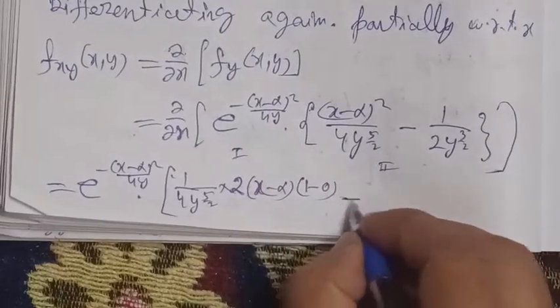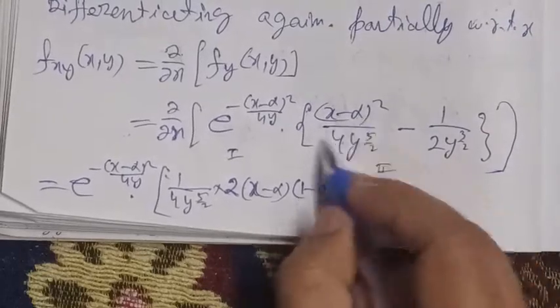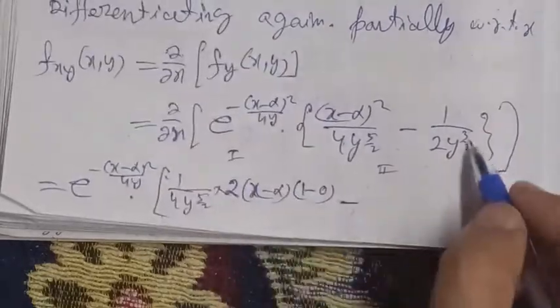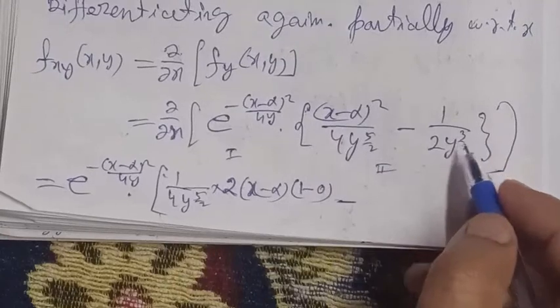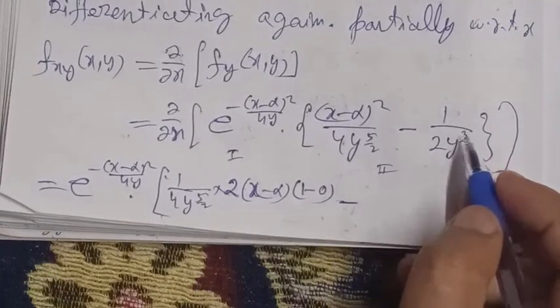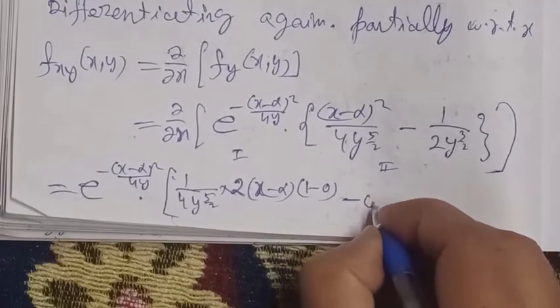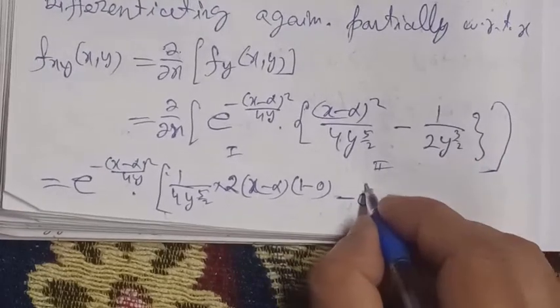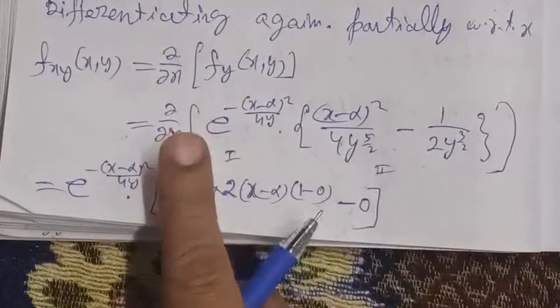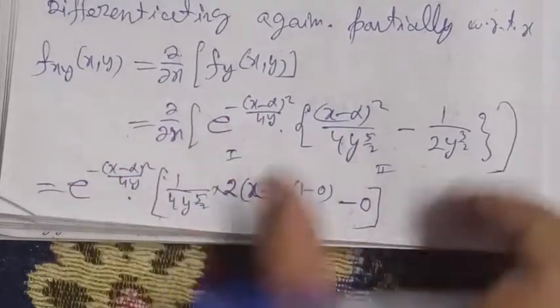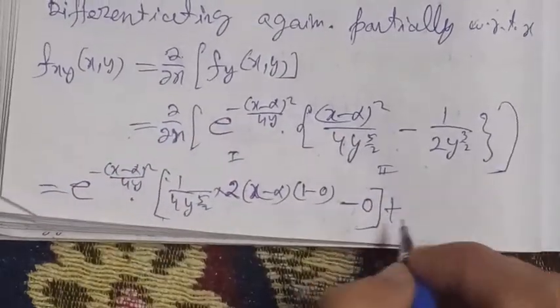Then after it we differentiate the whole value. Differentiation of this value is done here. Now we have to differentiate this second value. For x, this value is wholly constant, so its differentiation is 0. So I write: first function as it is, differentiation of second, plus second function as it is, differentiation of first.